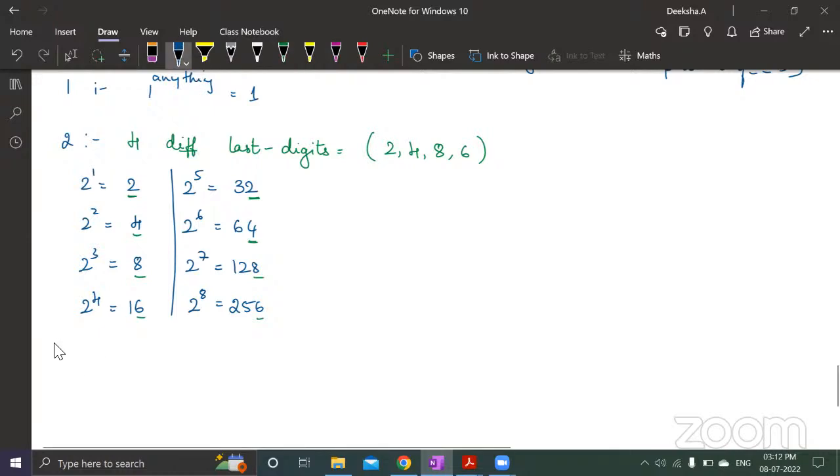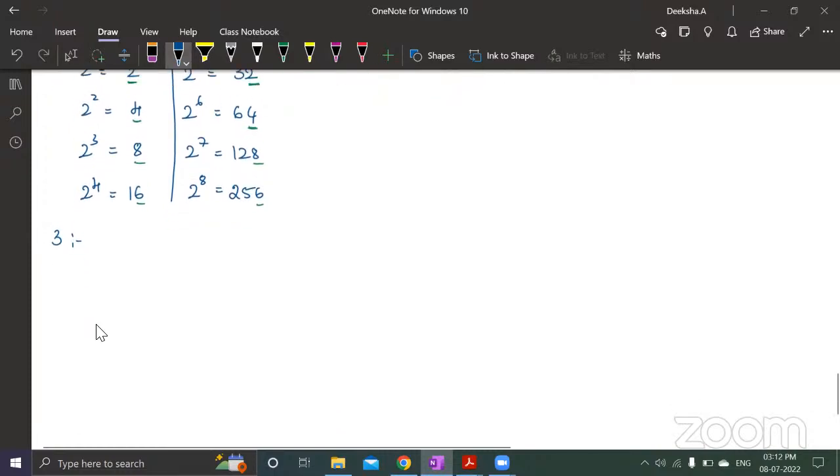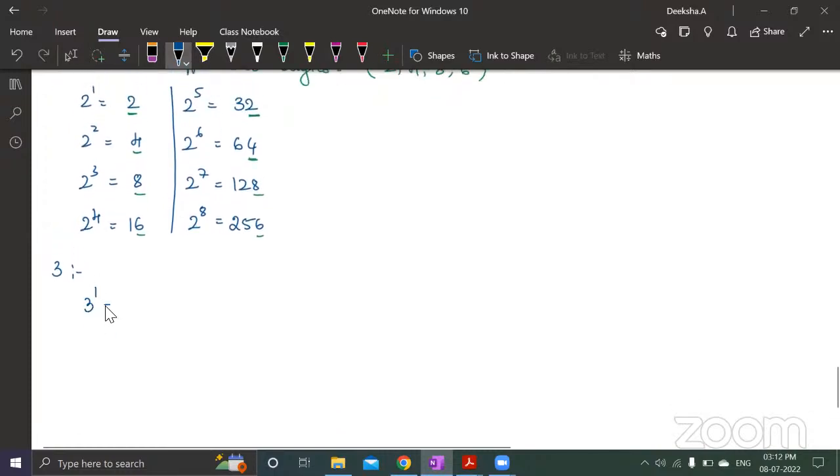Now let us take number 3. 3 power 1 is 3. 3 power 2 is 9. 3 power 3 is 27 and 3 power 4 is 81. Now I will not write the next numbers. I'll write only one. 3 power 5 is 243.